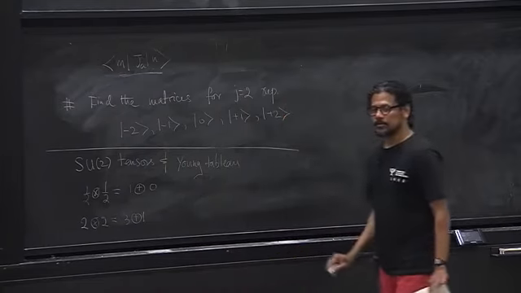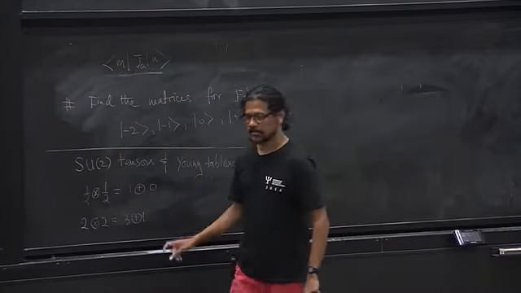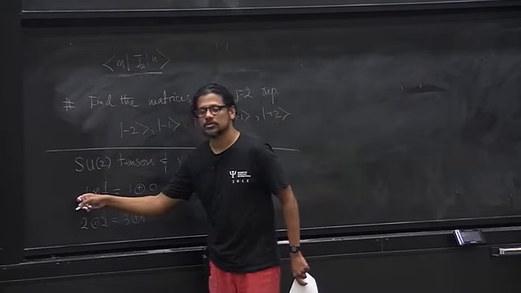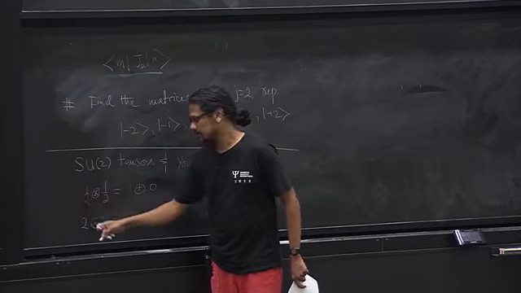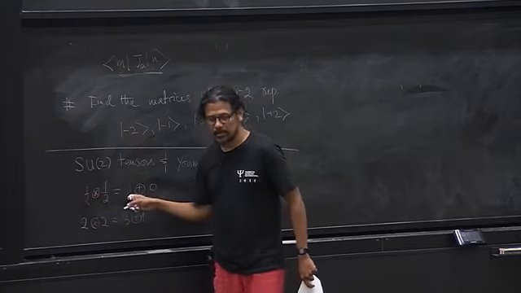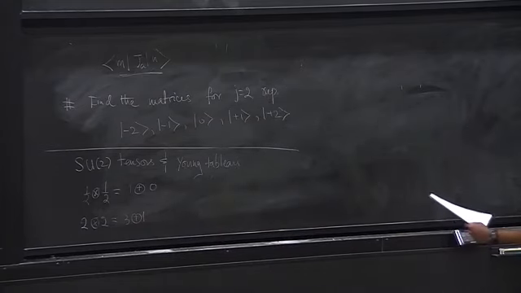Nobody's going to tell you what notation they're using. You'll just have to guess from the context. So the 2 here refers to the fact that this is a two-dimensional representation, the spin half. This as well, and the 3 represents that the spin 1 representation is three-dimensional.